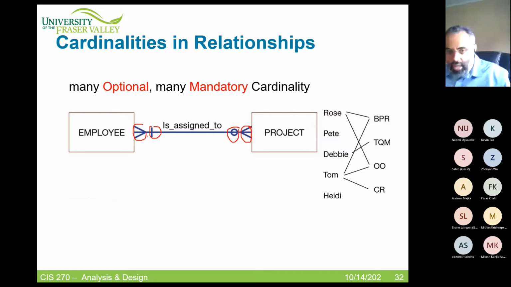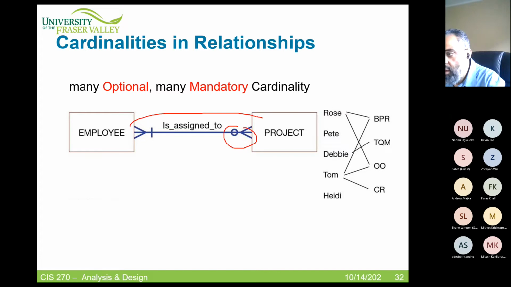So an employee can be assigned to a project or cannot, and can be assigned to many projects. So it is optional many, either 0, or 1, or many. This is why we use optional many. An employee is assigned to optional and many projects.